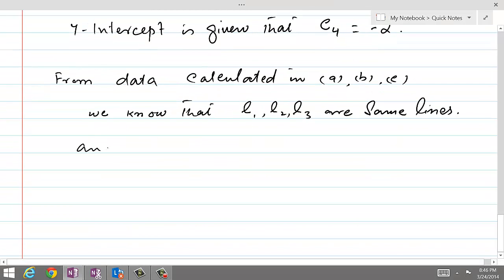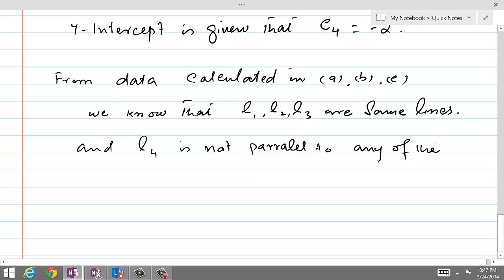And L4 is not parallel to any of the lines in part A, B, or C.